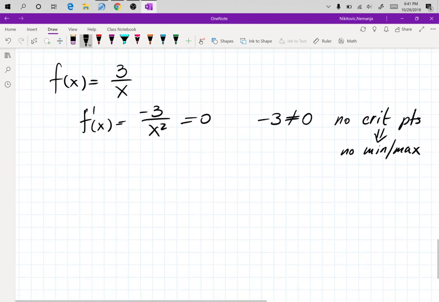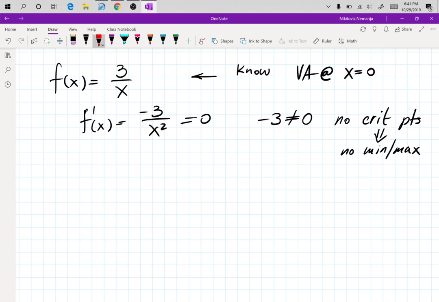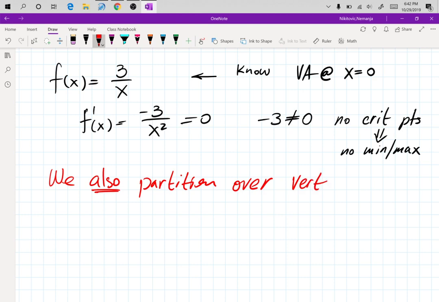All right, sad face. Now we know for this that there is a vertical asymptote at x equals 0. So now we also partition over vertical asymptotes.